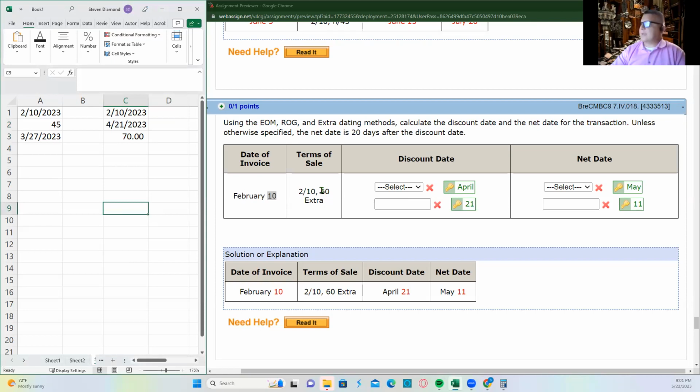Okay, so they're adding the 60 days plus the 10 days in, and that's where you're getting your discount date. And then they're adding the 20 days to get to May 11th. I'm not sure why they're doing it like that, but that's what they're doing.